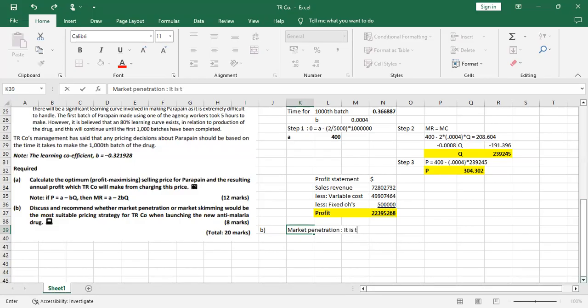It is the concept where a company is charging a low price at the time of launching a new product, because the nature of the product is consumer good.